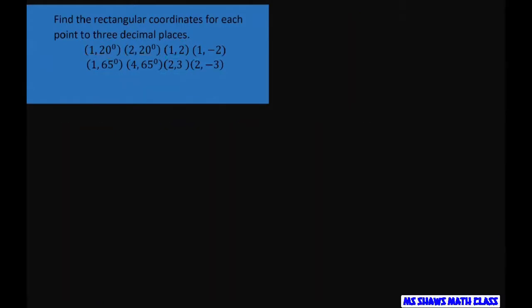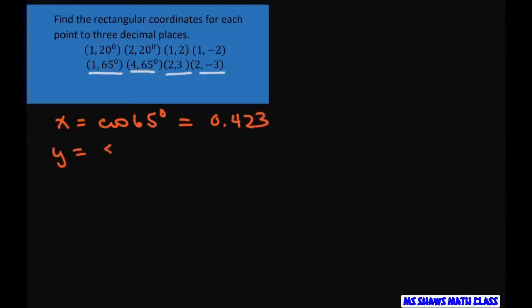So make sure for these two, you put your calculator in degrees, and for these two, you put it in radians. If I do the first one, I'm going to get x equals cosine of 65 degrees, and that equals 0.423.